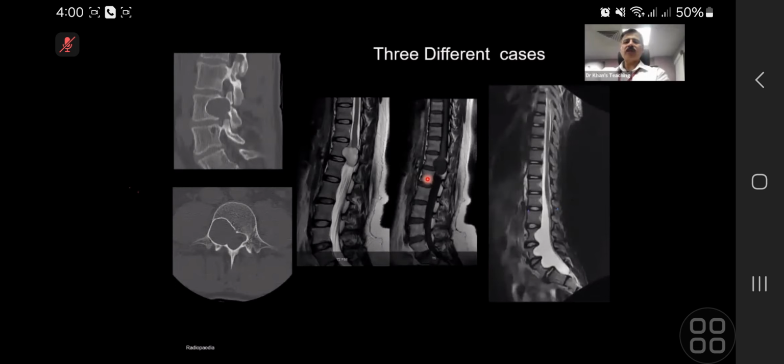The first thing you have to do is confirm that this is intramedullary, and for that, correlation with axial is critical. You cannot make a diagnosis because an intradural extramedullary lesion might be sitting here, and this is, by the way, not intramedullary, it is intradural extramedullary. It is pushing the cord and giving you this pseudo appearance.